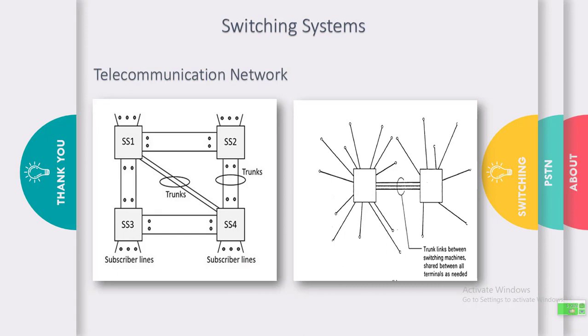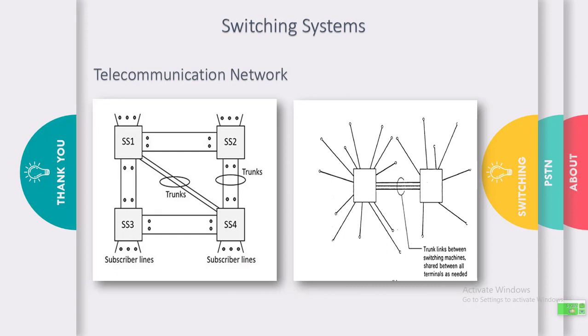In the figure, you see that SS1 is directly connected to SS2. In the same way, SS1 and SS3, then SS3 and SS4, and last of all SS2 and SS4. All of them are trunk connections, but there is no direct trunk connection between SS3 and SS2. So how can they communicate?